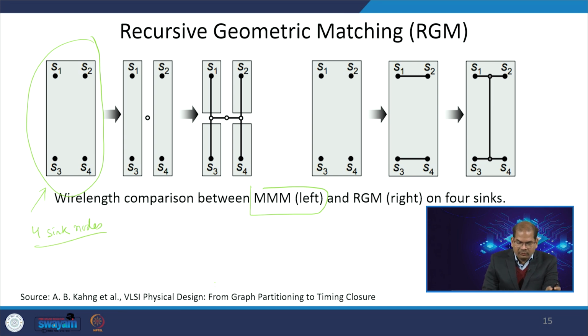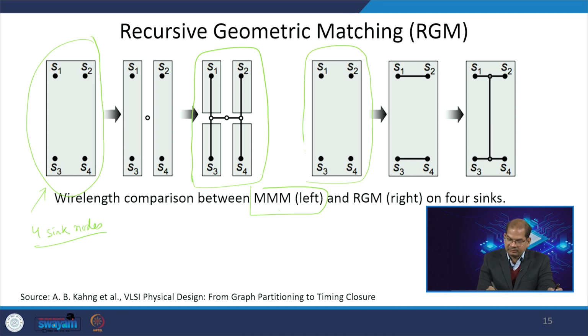Now, what I am doing? I am doing division, and this is the final clock tree after using MMM. Then the same set of problem is given to the RGM algorithm, and this is the final clock tree synthesis.